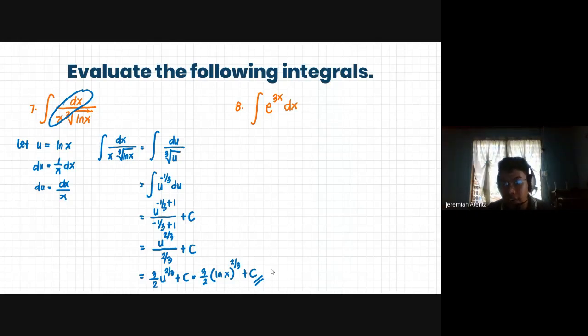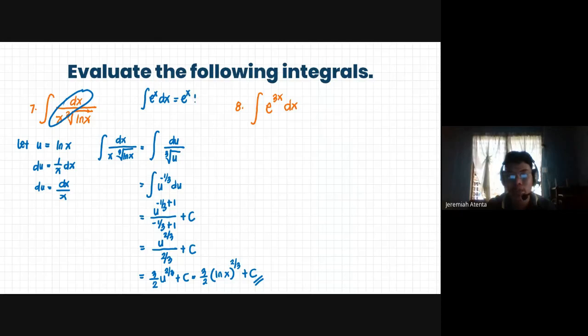And we have here e raised to 3x. What we know about the integral of exponential function is that the integral of e raised to x dx is equal to e raised to x plus c, right? So therefore, our exponent should be x, right?